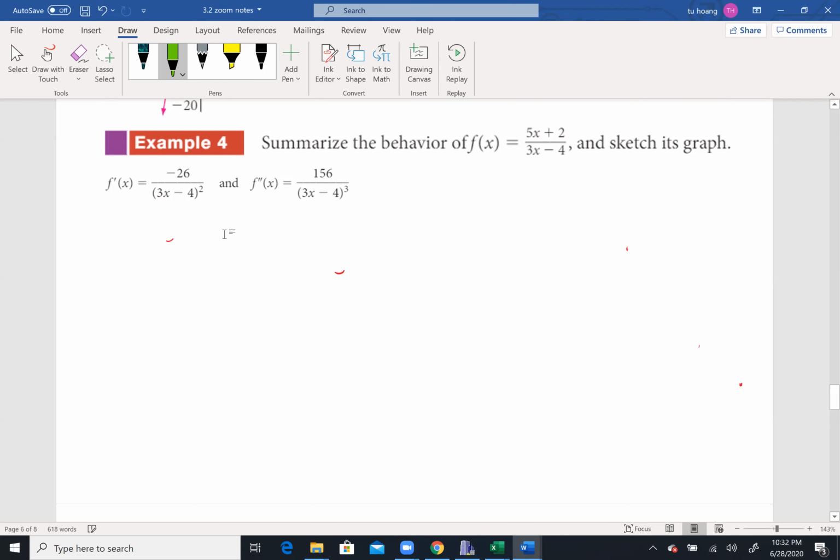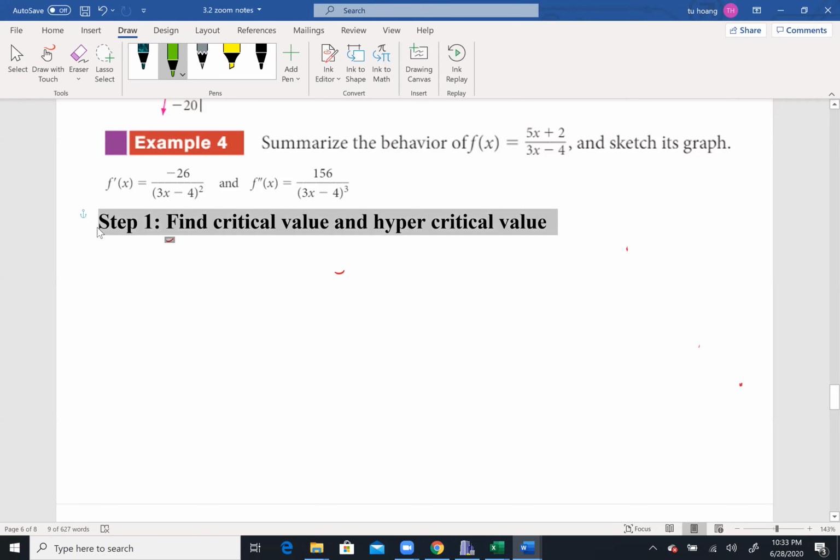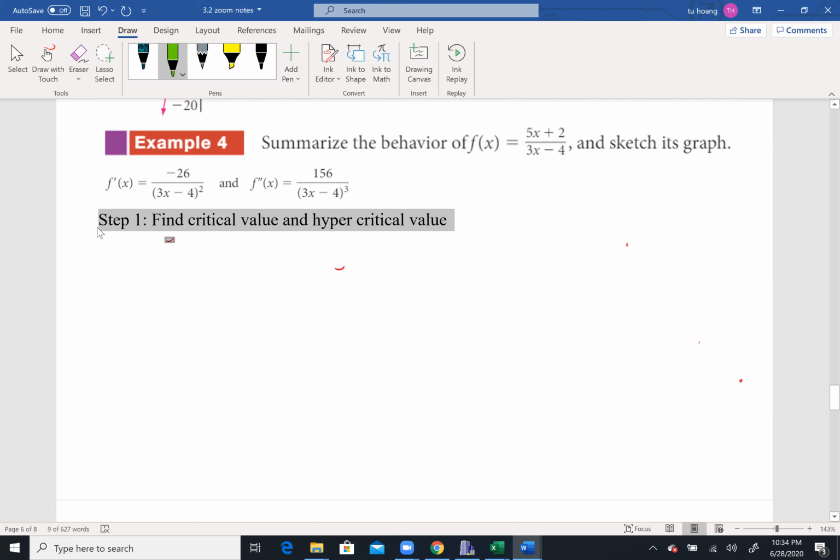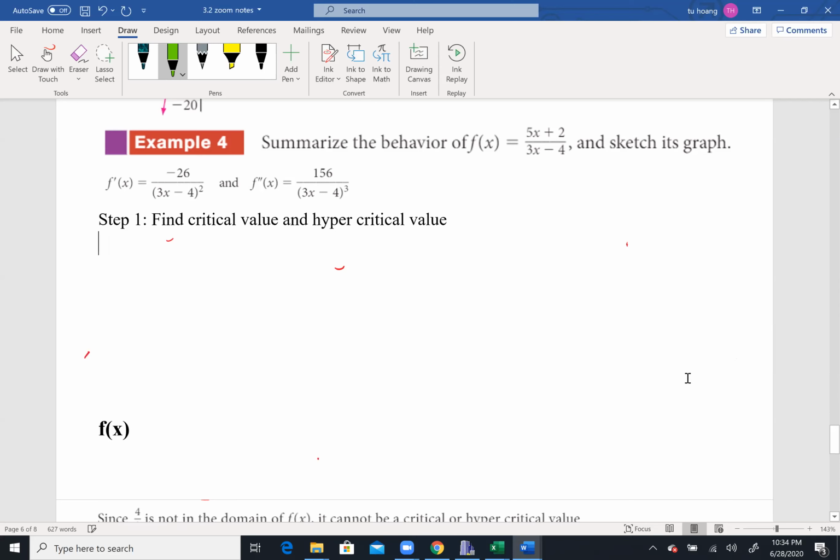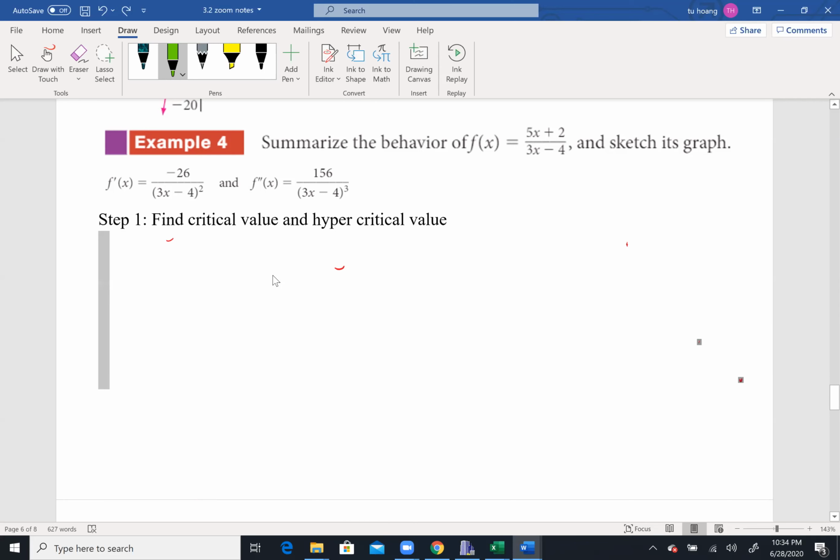So first thing, step 1, find critical values and hypercritical values.